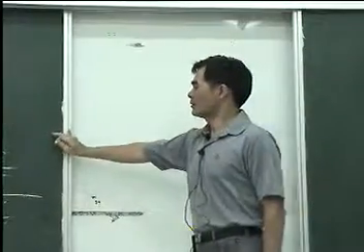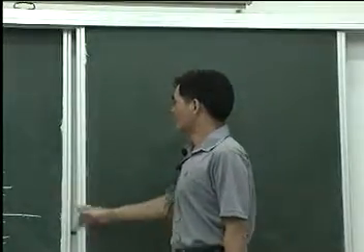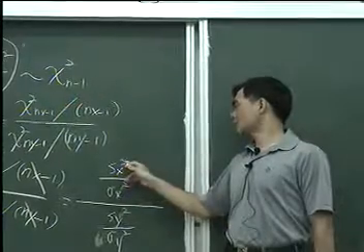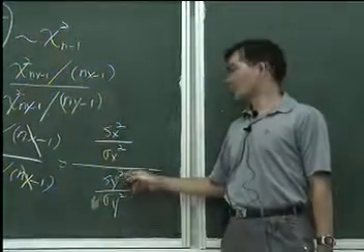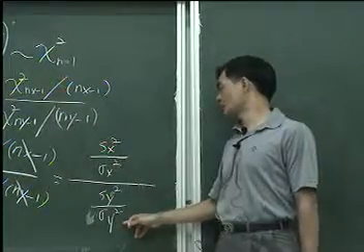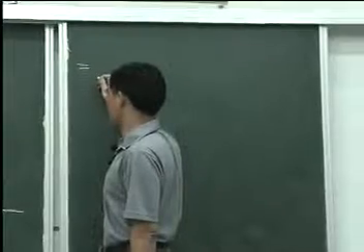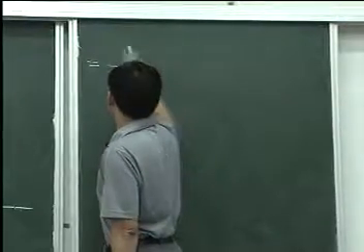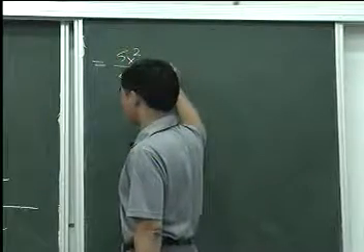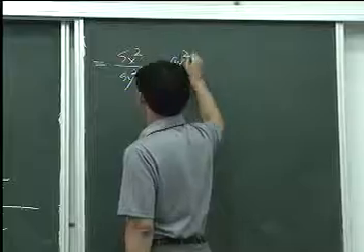Okay. And then we want to simplify further. We put sx squared and sy squared together and sigma x squared and sigma y squared together. So it can be written as the following: sx squared over sy squared times sigma y squared over sigma x squared.